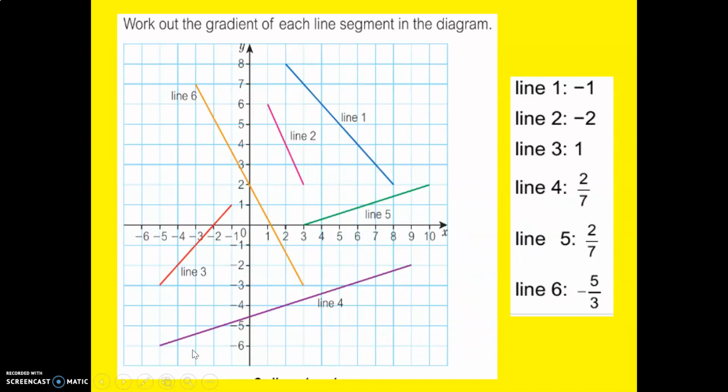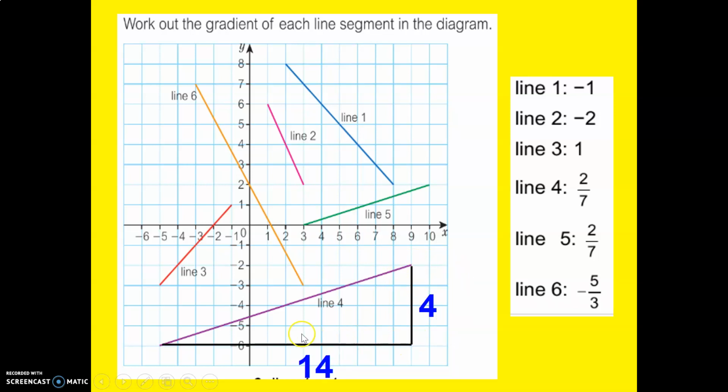Our next problem. Work out the gradient of each line segment in the diagram. Let's take, for example, line 4. So the first thing to do is to draw a triangle. So this endpoint, draw a vertical line and measure it. So we have here 1, 2, 3, 4. So it's 4. The height is 4.